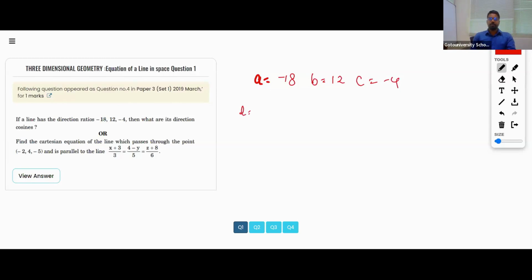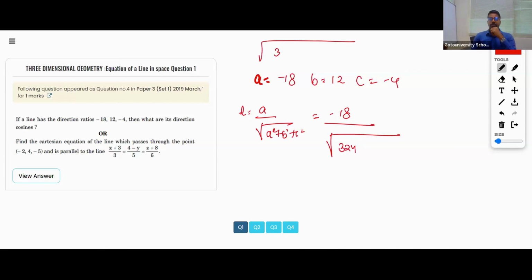So L is equal to A by root of A square plus B square plus C square, which is minus 18 by, okay, so 18 square is 324. Let's solve this first. 324 plus 144 plus 16.